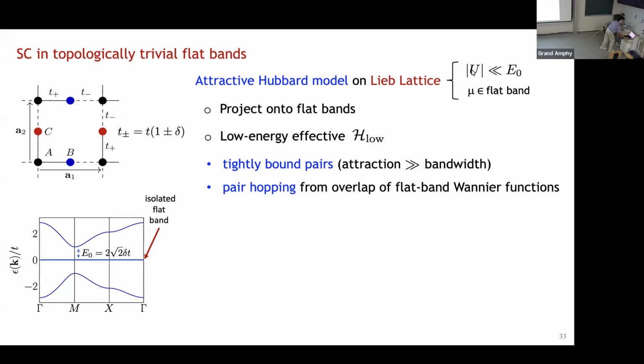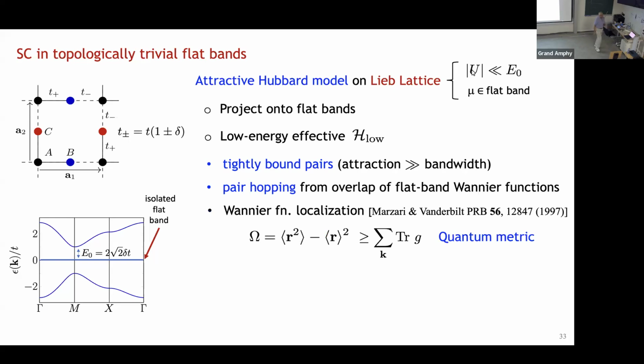Okay? So why does that happen? The reason is the following: when I say you form tightly bound pairs, you don't really form them on site. You form them in the Wannier function of that flat band. And the Wannier function from here can connect to the Wannier function at the next site. And the Wannier function cannot be localized as much as you want because of this quantum geometric obstruction.